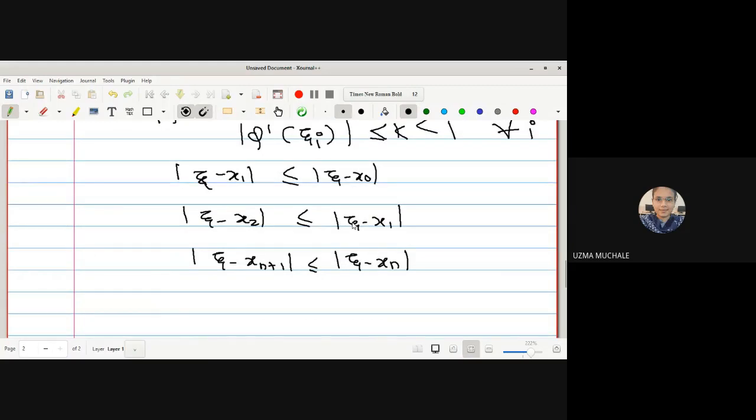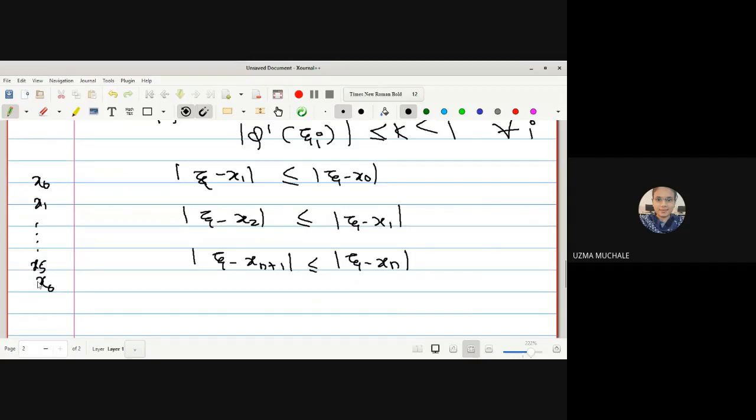The same equations now become inequalities, which shows that each successive approximation remains in the interval I. What we can say from this is that mod of zeta minus x naught is greater than or equal to mod of zeta minus x1. Remember, when we solved the examples, x naught, x1 and so on, we were getting some values. Say x5 is there, x6 is there.